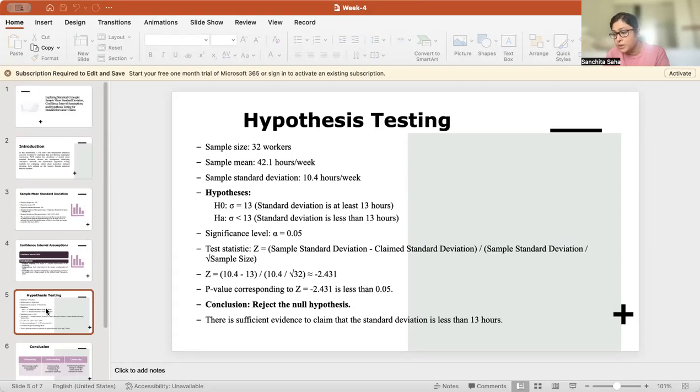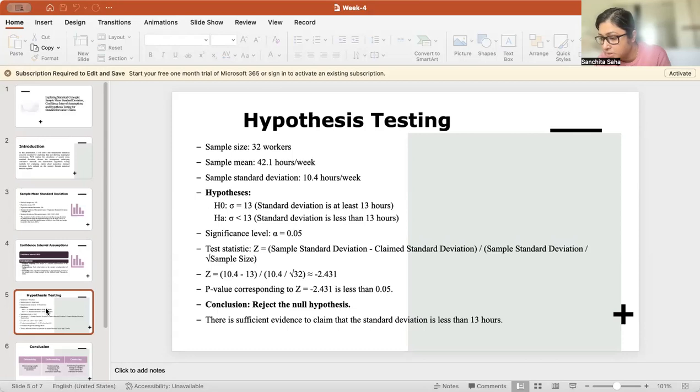0.05, we calculate a test statistic and compare it to the critical value or find the p-value. Based on this, we decide whether to accept or reject the null hypothesis. In this case, the calculated test statistic suggested that the standard deviation is indeed less than 13 hours, leading us to reject the null hypothesis in favor of the alternative.